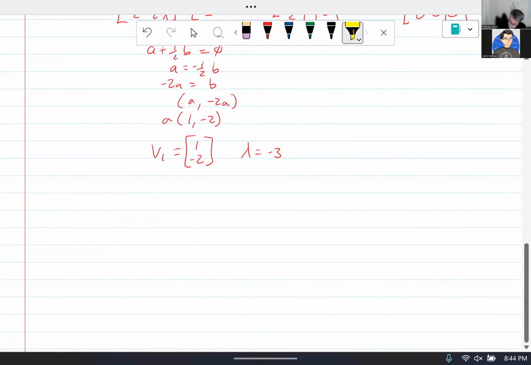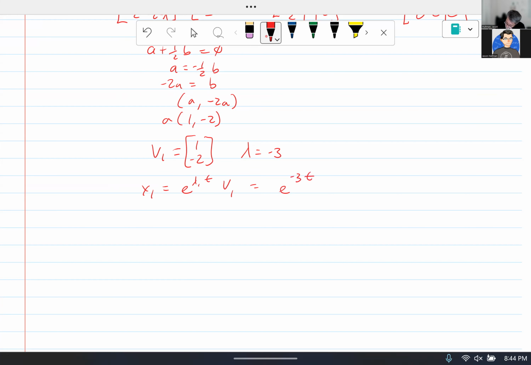So this is x1 is equal to e to the lambda 1 t times v1, right? So that's going to be e to the -3t times 1, -2, for vector 1.